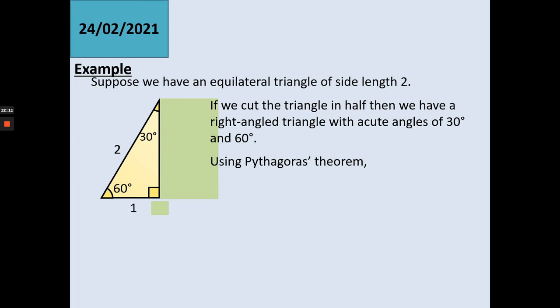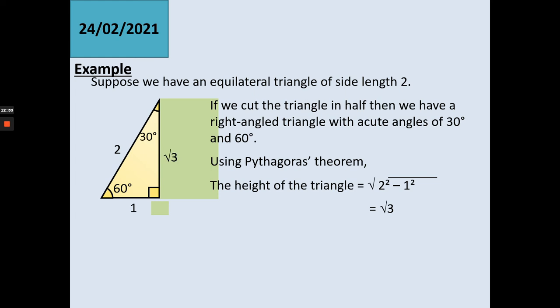We've got an angle of 30 and an angle of 60 that we can do, and we're going to use our Pythagoras theorem to find out what that missing short side is. So we know that to find out that missing short side, we need the long side squared, take away the short side squared, whatever that is, we then square root. So we've got root 3, so let's put our root 3 in there.